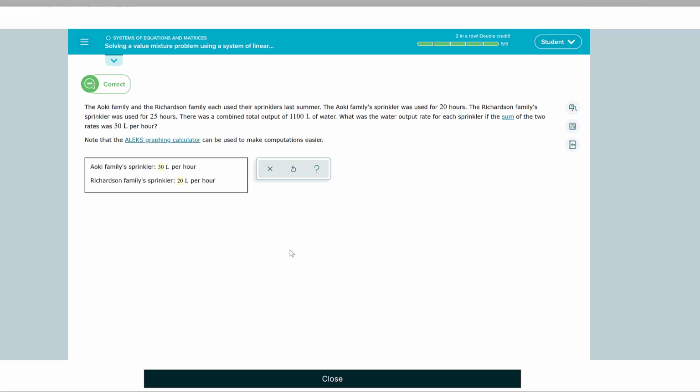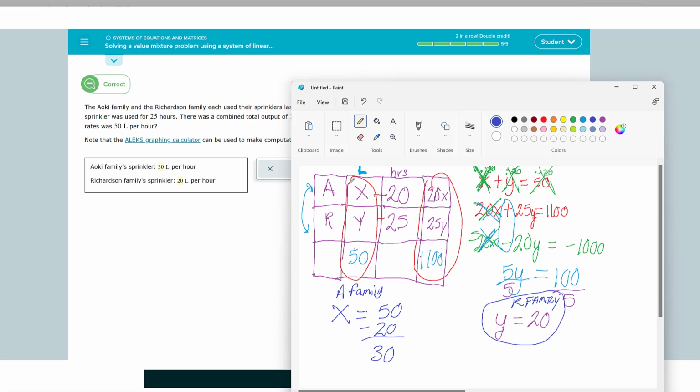This could drastically help you just by creating a chart, breaking everything down in your brain and saying, okay, this is what we have. We know the families, and we're going to make the families represent, one represent X, one represent Y, and depending on however many families or mechanics or whatever they asking you for, you just put them there. It could be X, Y, G, whatever you want.